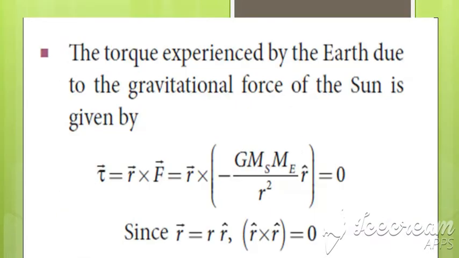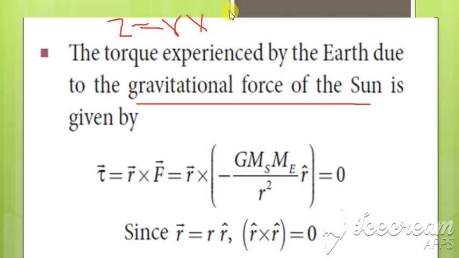Then the next point is the torque experienced by the earth due to the gravitational force of the sun. What is the formula for torque? Tau is equal to R cross F, is it not? Now instead of this F, we are going to substitute G m1 m2 by r square into r cap. Instead of m1 and m2, here it is written as S and E, because we are considering the sun and the earth, is it not?